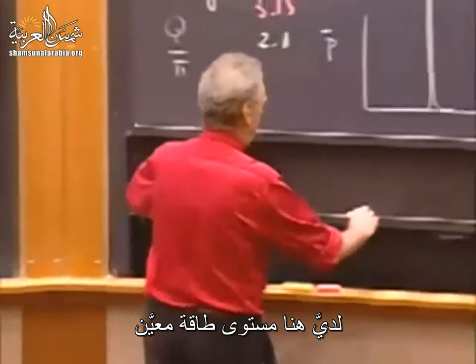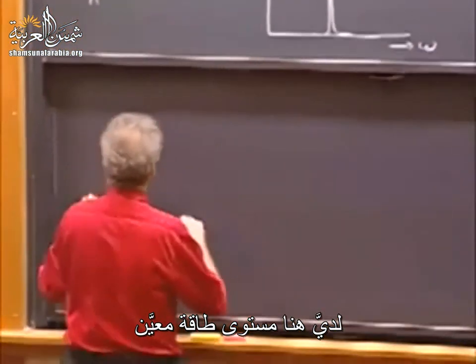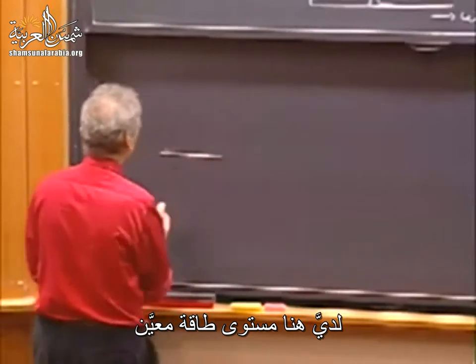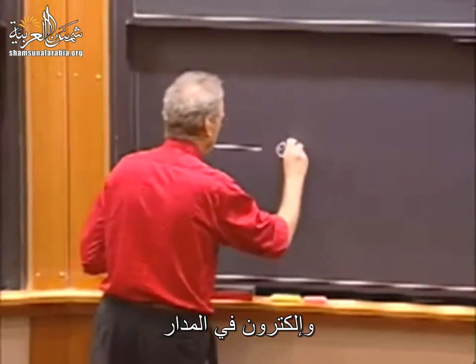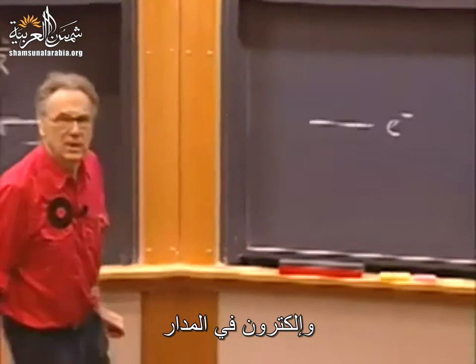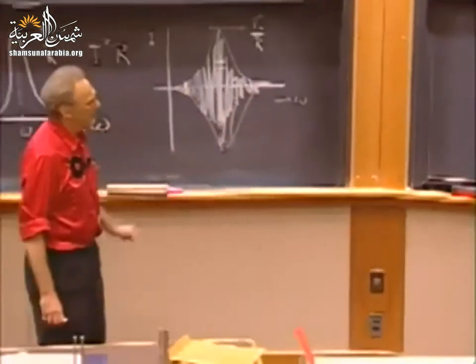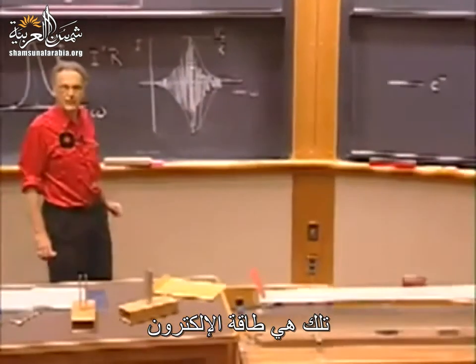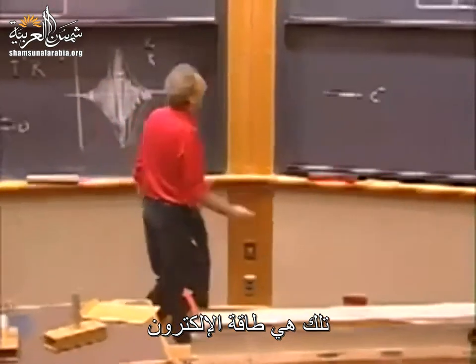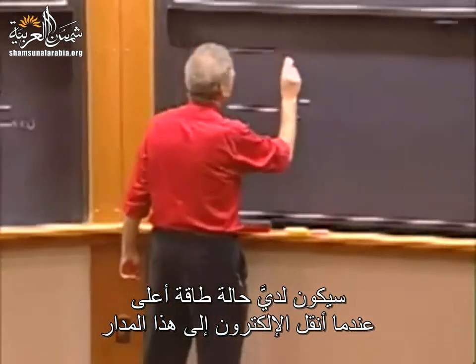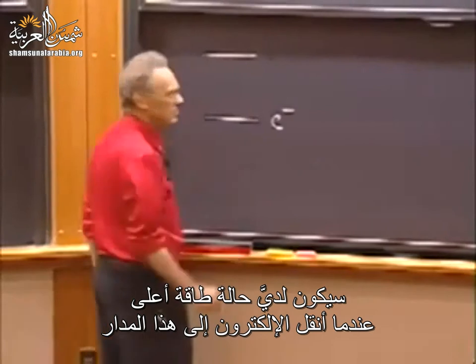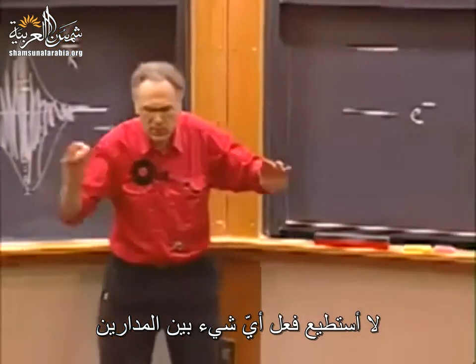And so here I have the energy level, energy increasing, and here is an electron in orbit. That's the energy of that electron. A higher energy state is when I bring this electron here. I cannot do anything in between.